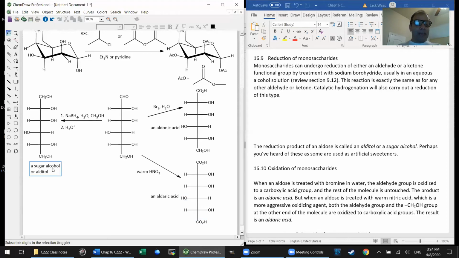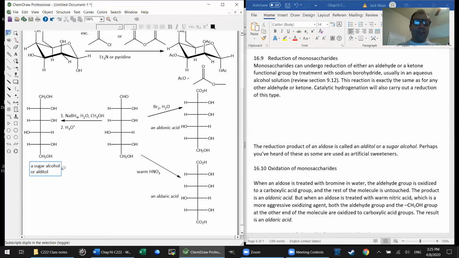I forgot to mention that the reduction of a sugar with sodium borohydride gives a type of compound known as a sugar alcohol or an alditol. And these are used quite a bit as artificial sweeteners. You can actually go to the supermarket now and buy xylitol or other similar compounds that are used as artificial sweeteners.